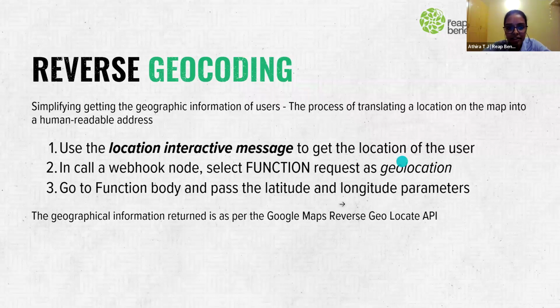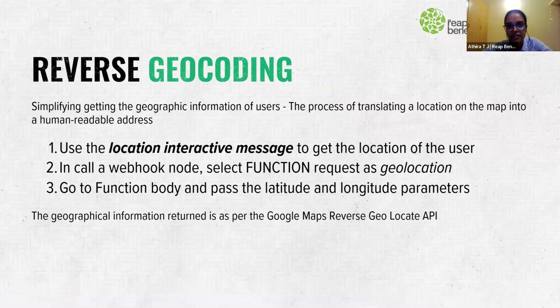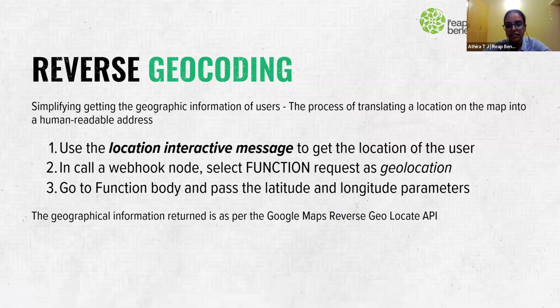But Glific has introduced this interactive message option for geolocation mapping, through which the user can click on the interactive message, which directly takes them to the option where they can share their location to further interact with the chatbot. So these three steps are nothing but how you can use this feature in your Glific flows, basically.